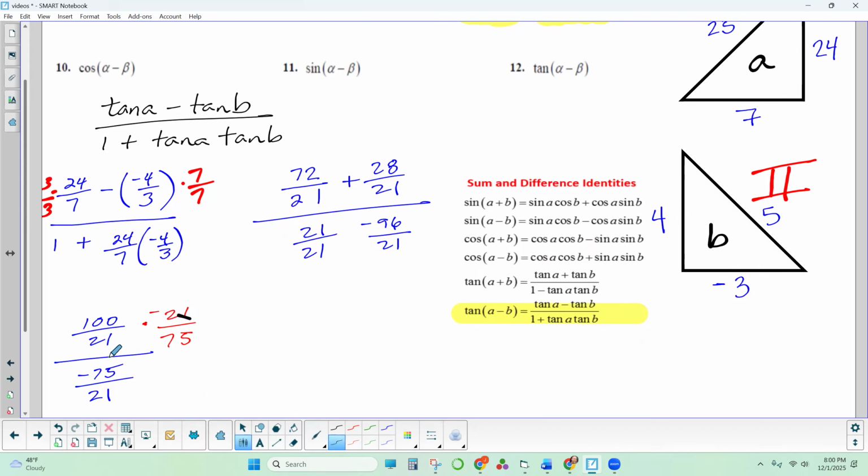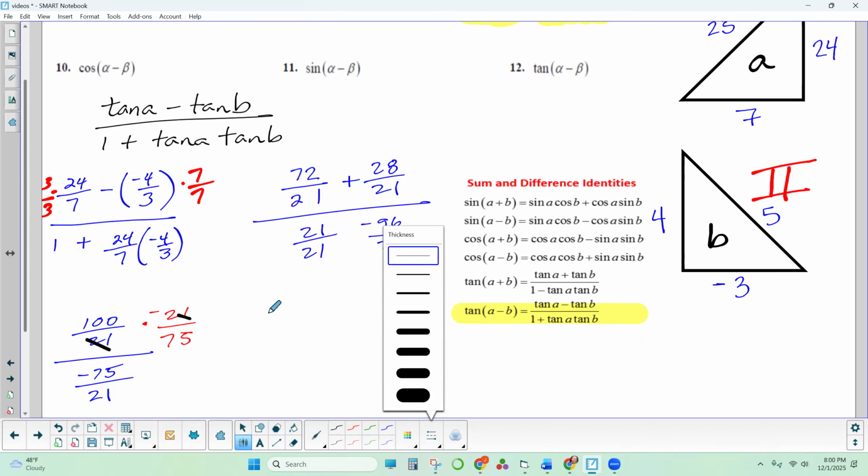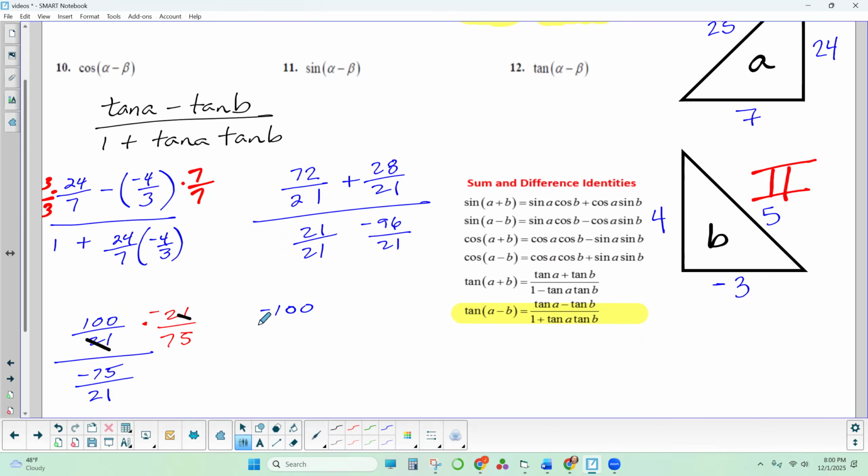The 21s cancel out. And what I'm left with is negative 100 over 75. And that simplifies to negative 4/3. And that is my answer.